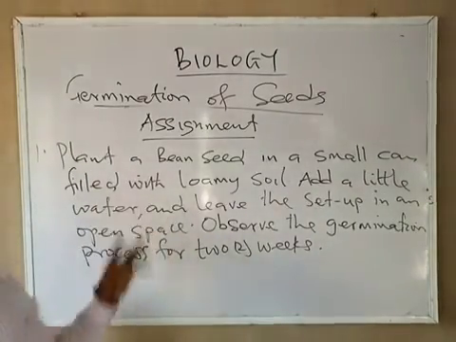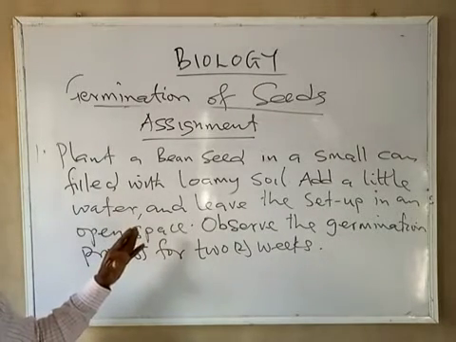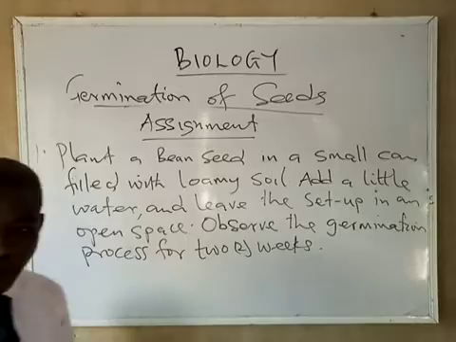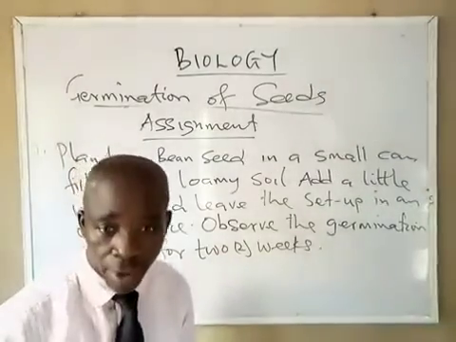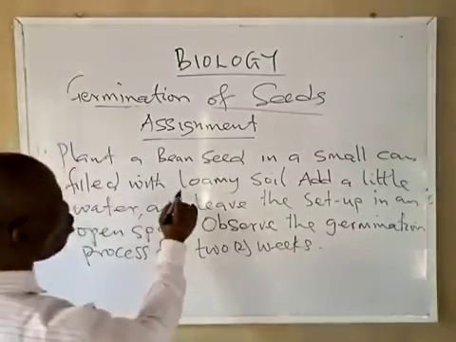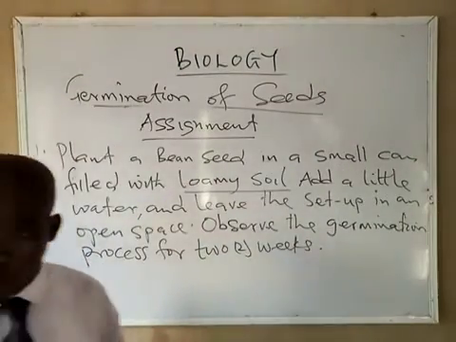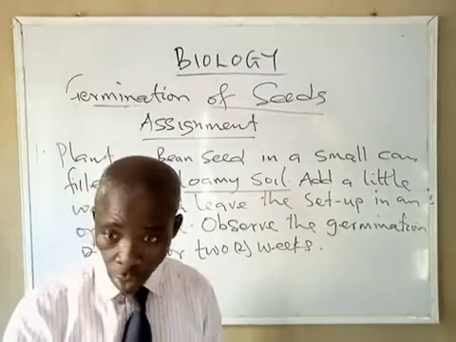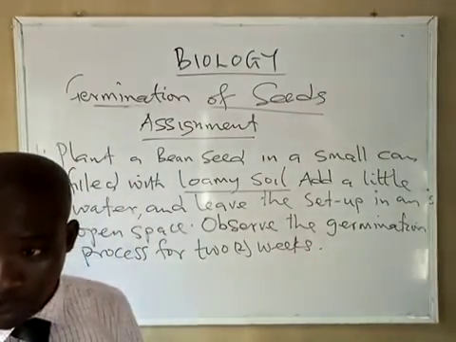And then as we are having further opportunities for this kind of activity, one may also use other medium that is different from loamy soil. Even cotton wool, moist cotton wool. You could plant the seeds in moist cotton wool.